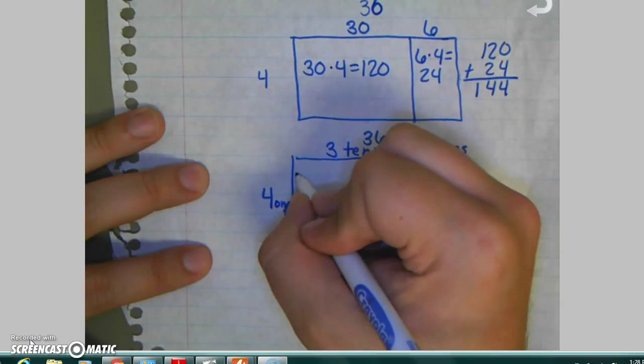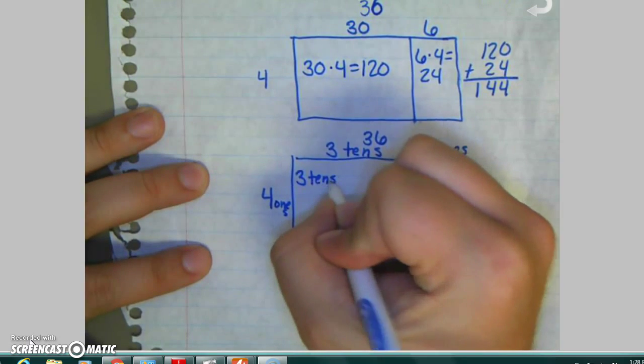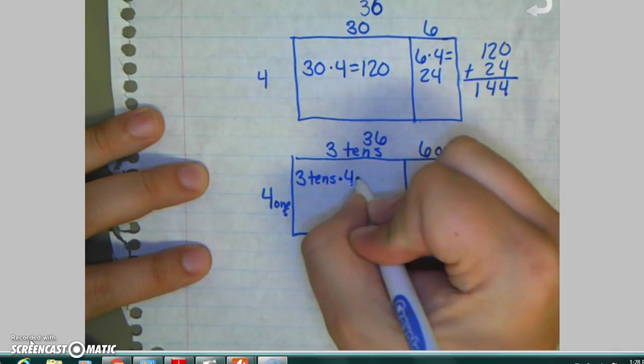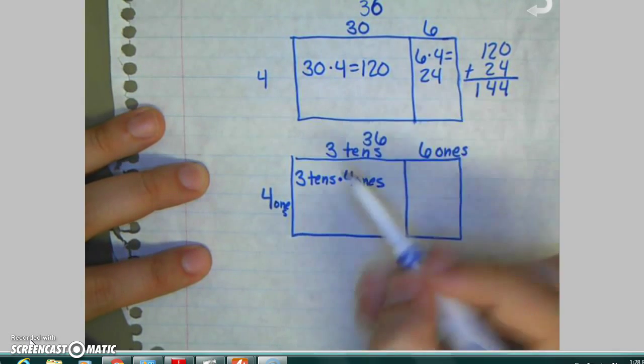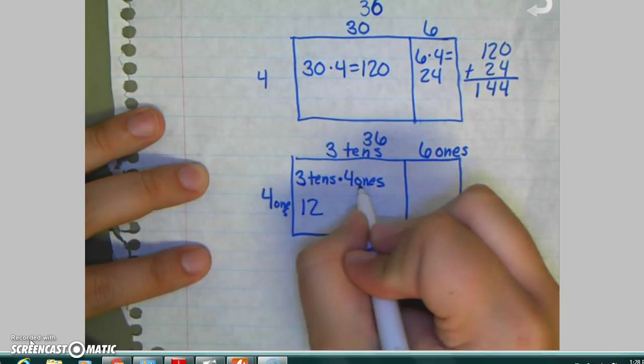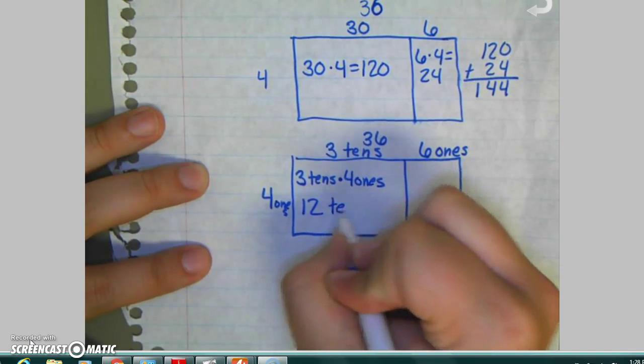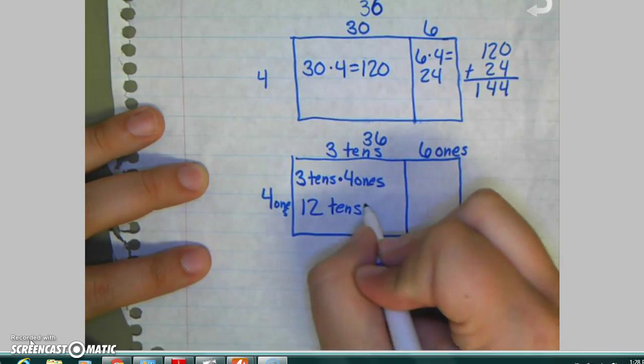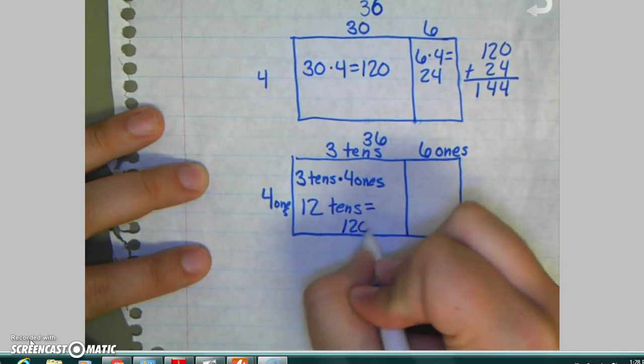So here I have 3 tens times 4 ones, which 3 times 4 is 12. Tens times ones is tens. So 12 tens I know is 120.